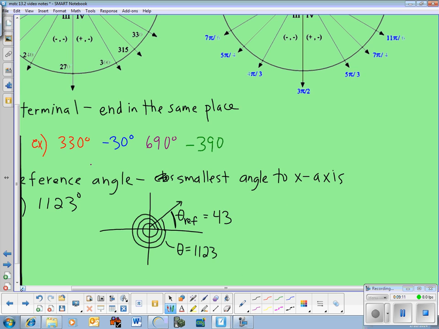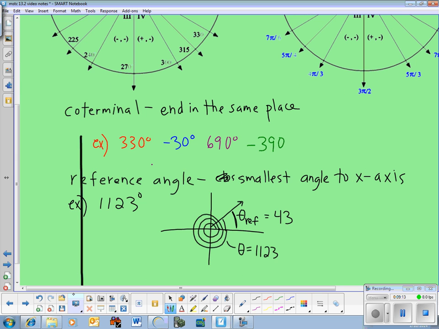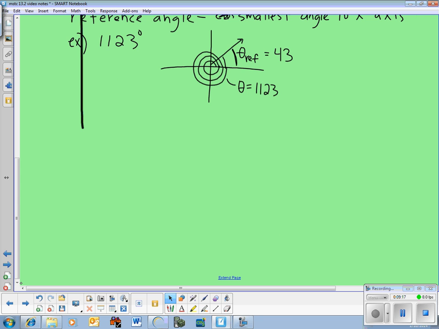And that seems maybe like it shouldn't equal 2 pi. Let's talk about radians. The entire circle is 2 pi radians.